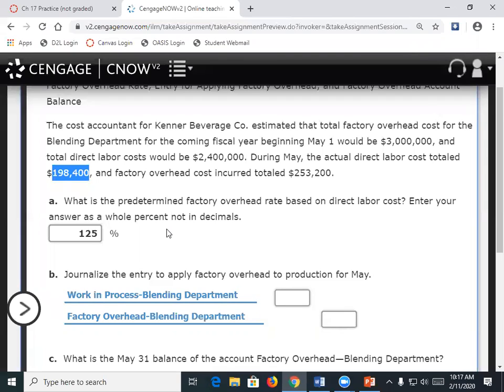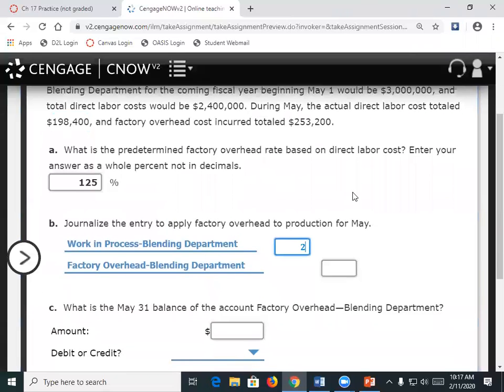You're multiplying. That's all you're doing. You're taking your 198,400 times 125%. So 248,000. Just your actual labor for the month times the predetermined factory overhead rate gives us the factory overhead for the blending department.